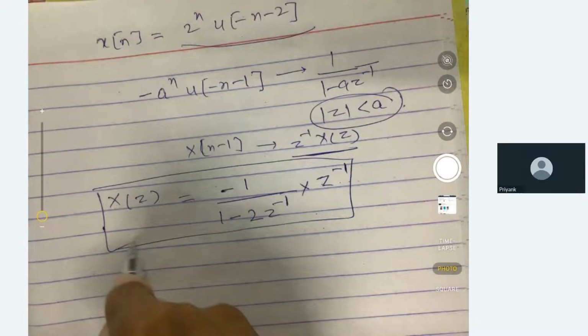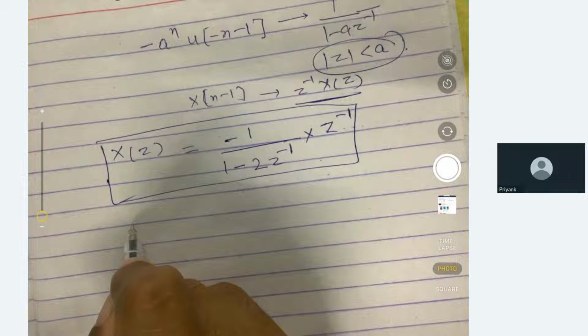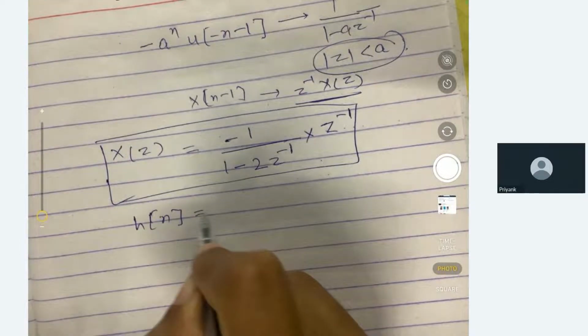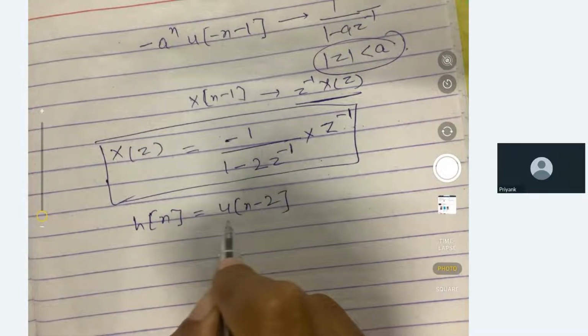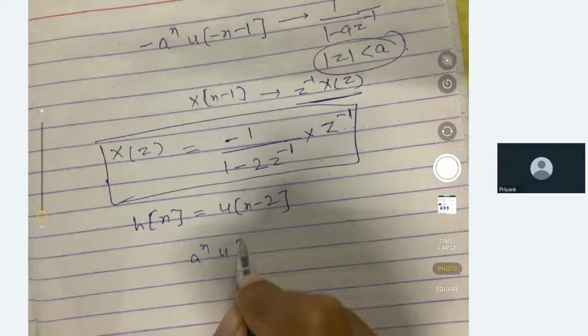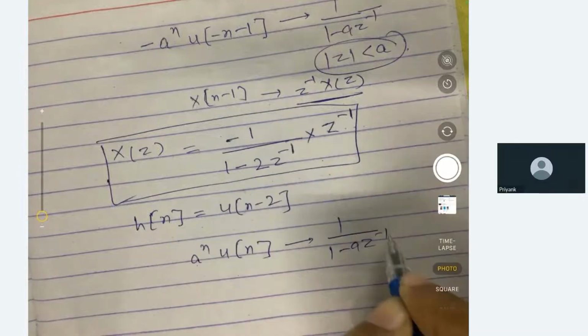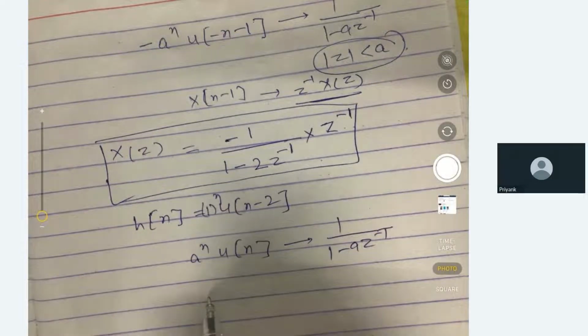Now, let us find this h[n]. So h[n] is u of n minus 2. Here also we will do the same. a raised to the power n u of n has Z transform 1 upon 1 minus a z inverse. Here we are taking 1 raised to the power n, and then we will do the delay.